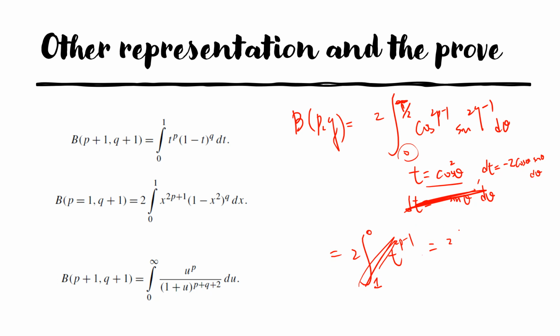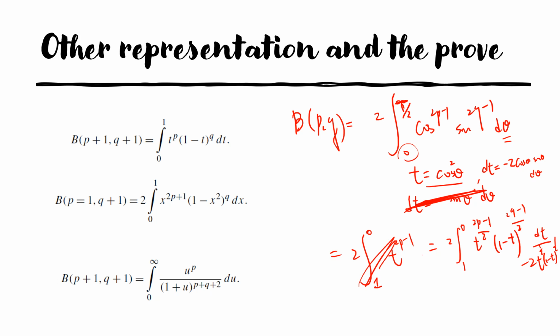The integral runs from 1 to 0, and this is t to the half of 2p minus 1, and 1 minus t to the 2q minus 1 over 2, because sine squared is 1 minus cosine squared. And d theta is dt divided by minus 2 cosine theta sine theta.